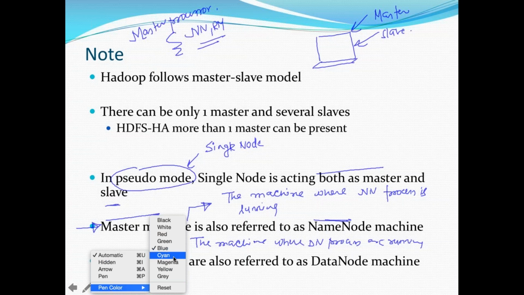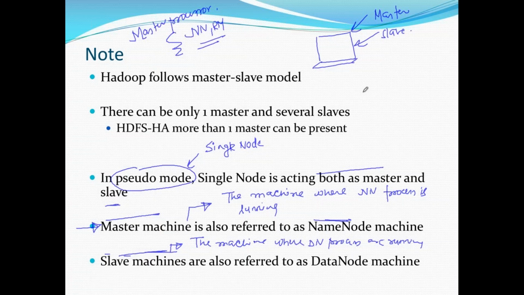I believe you know that HDFS is managed by how many processes? Name node, data node, and the secondary name node. And the resource manager or the YARN framework is managed by two processes: resource manager and the node manager. So these are the five processes. I think you remember that, right?